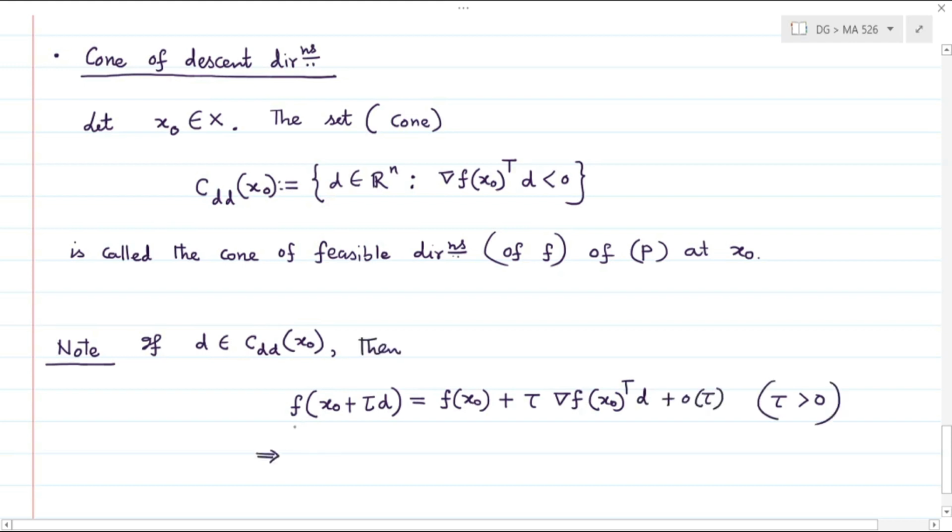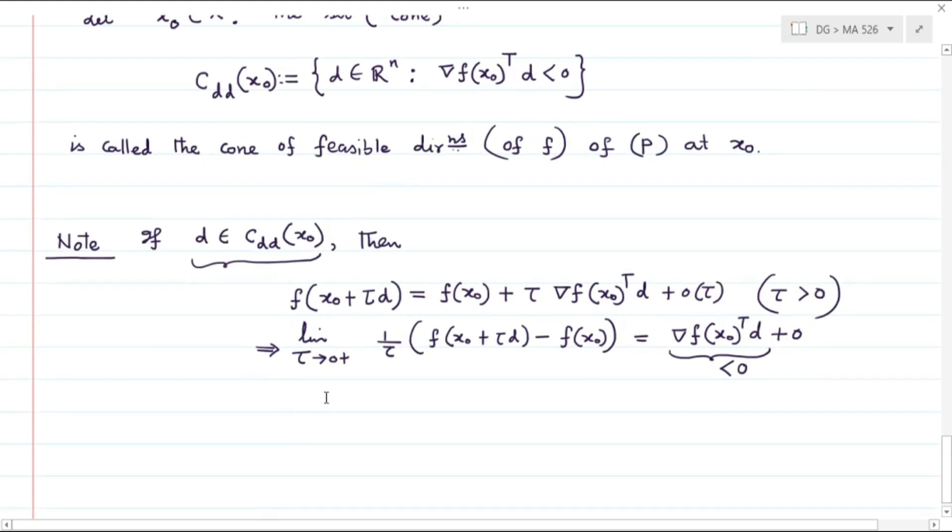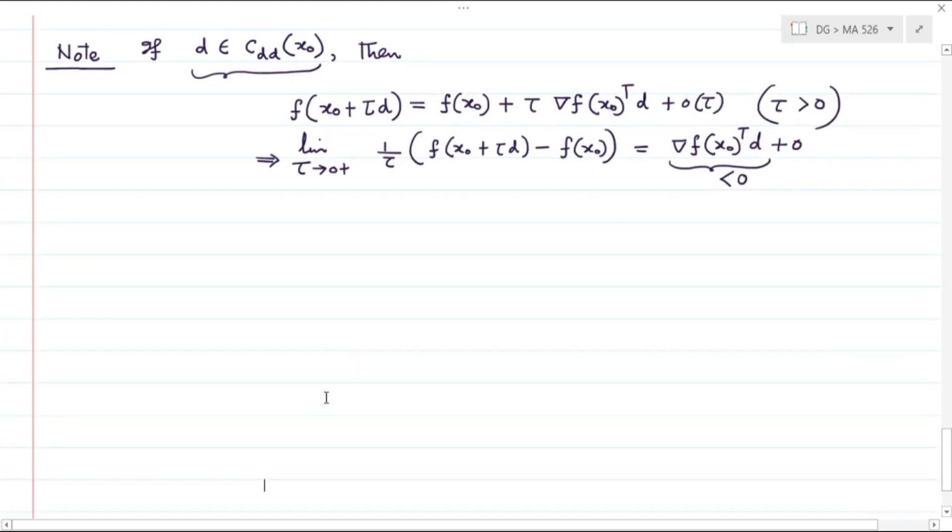Then we get that small o of tau divided by tau, as tau tends to 0 plus, gives us 0, and therefore there is no term after this, so this is plus 0. As grad f x0 transpose d is strictly less than 0, because d is a descent direction, the right hand side of the last equation is less than 0.